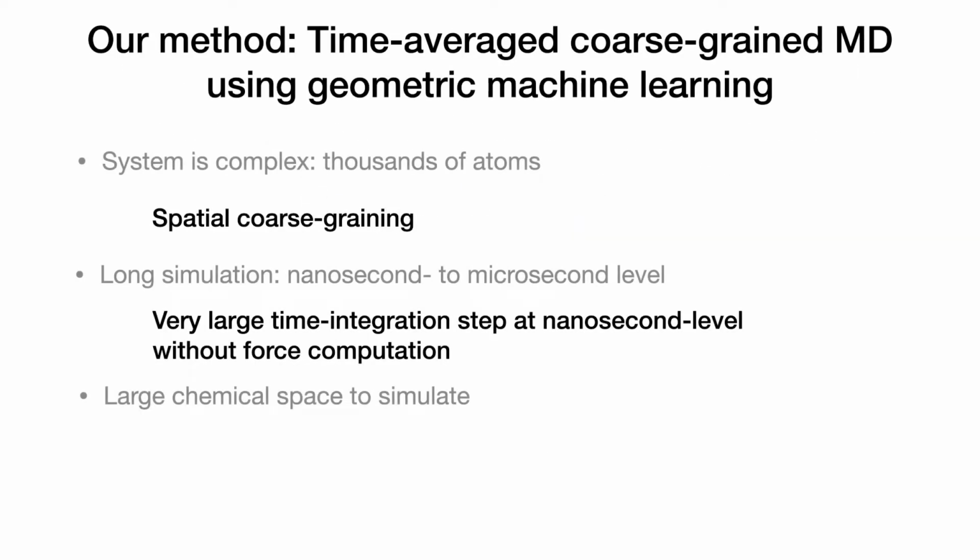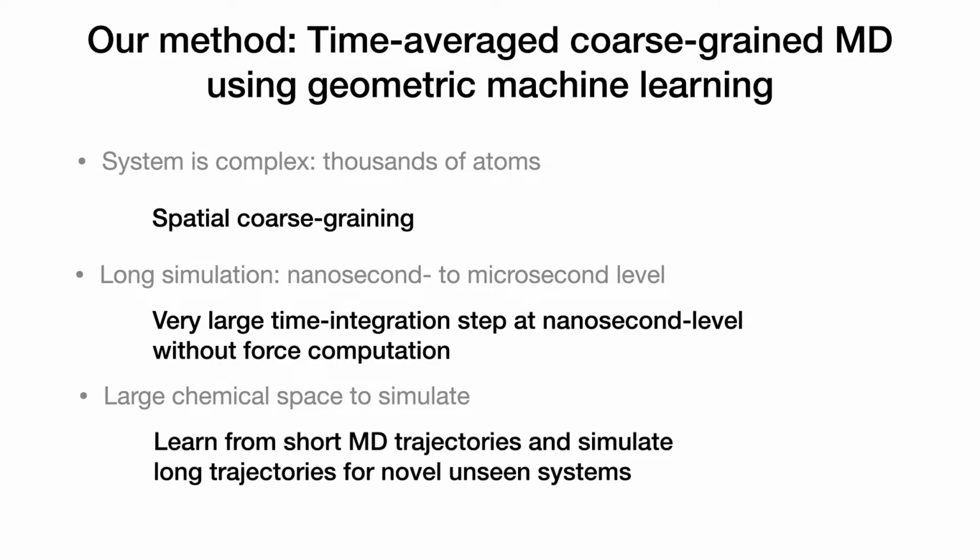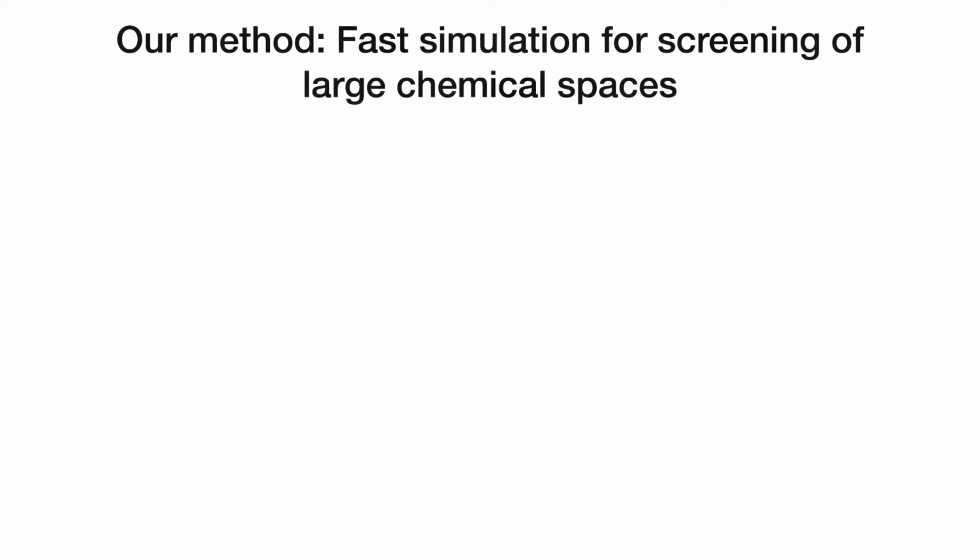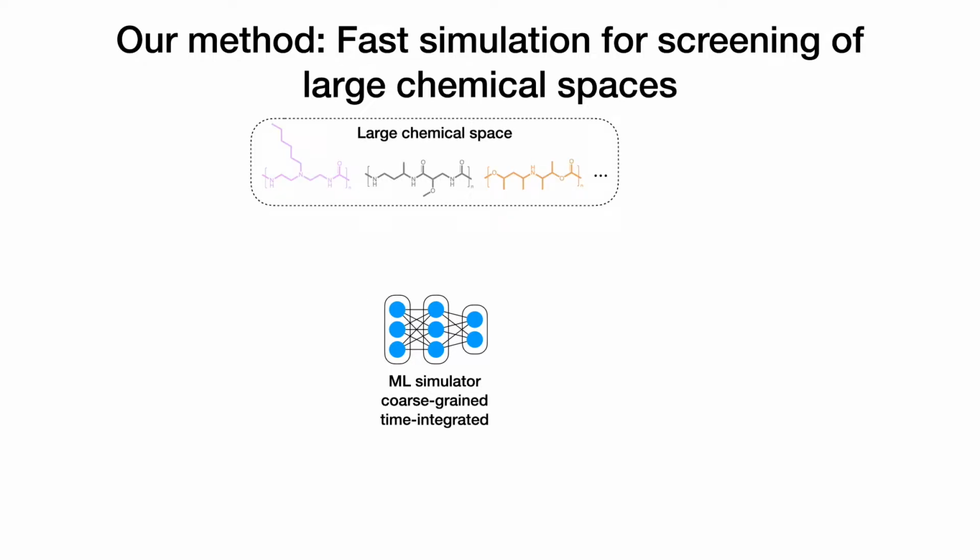Finally, we describe a workflow to tackle the challenge of large chemical space. Now that we have a machine learning simulator that operates under coarse-graining and large time integration, we can train and use it to screen a very large chemical space that is previously overly expensive to screen using traditional MD.